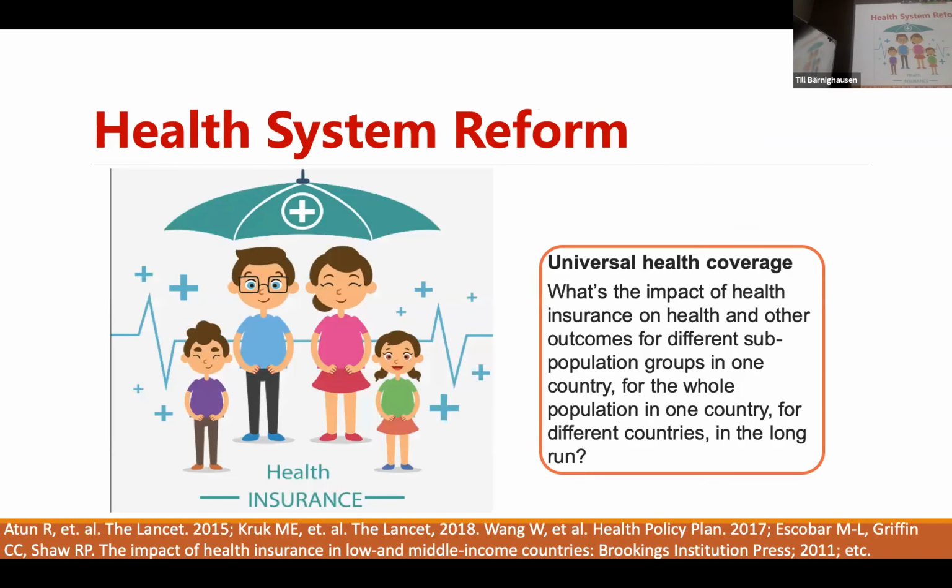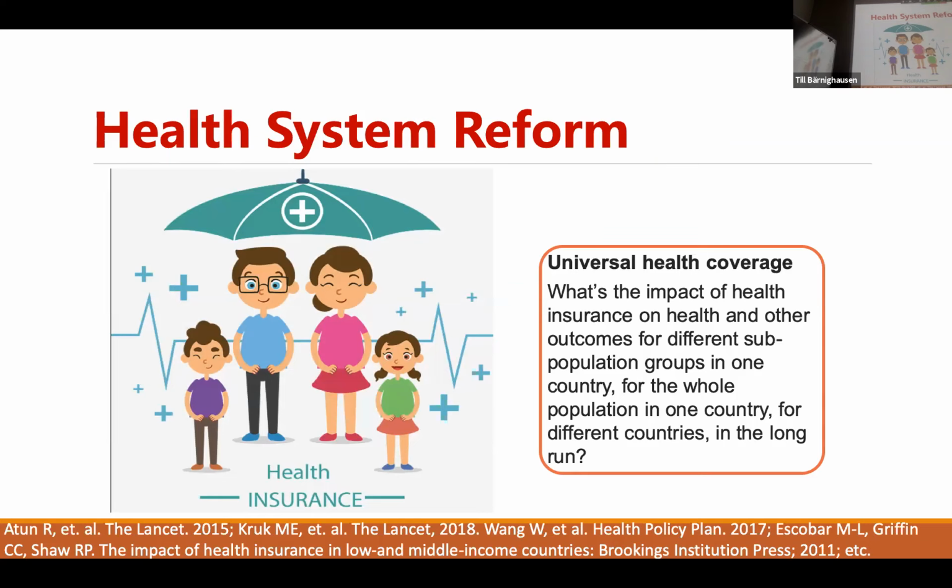And this is an example of health system reform: the impact of health insurance on health and other outcomes for different subpopulation groups, in one country, for different countries, in the short run and in the long run.